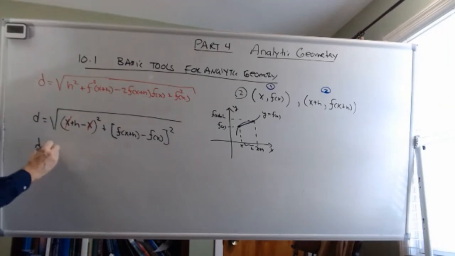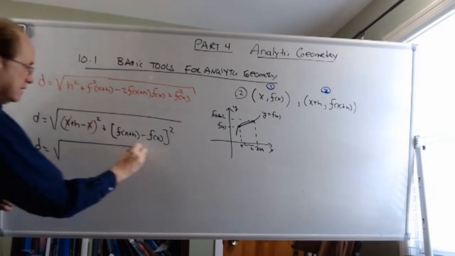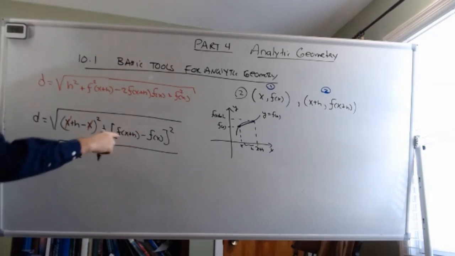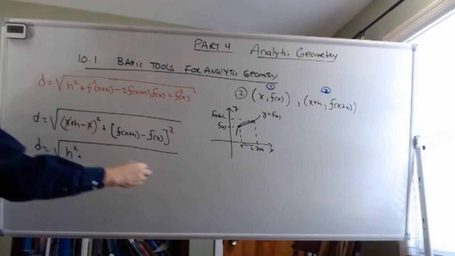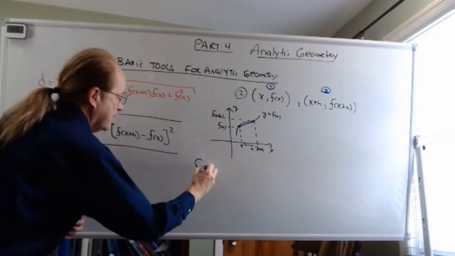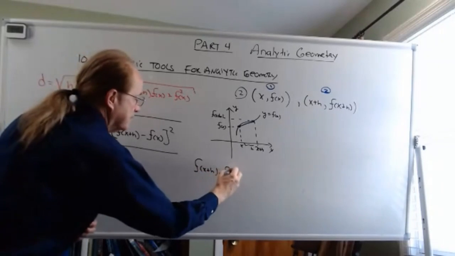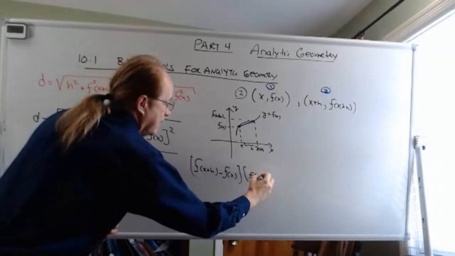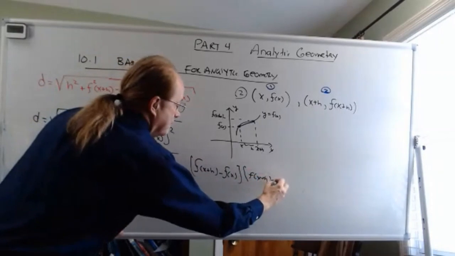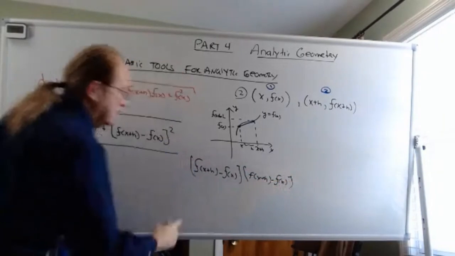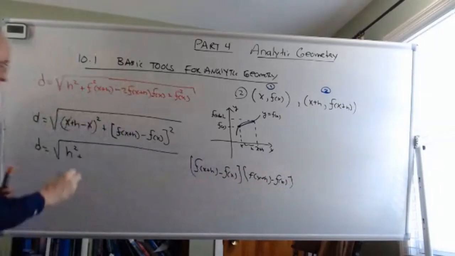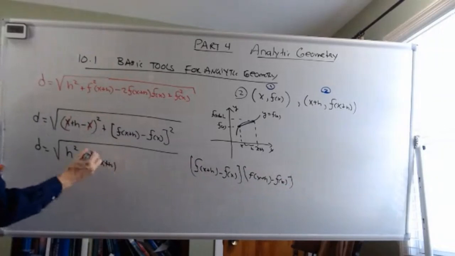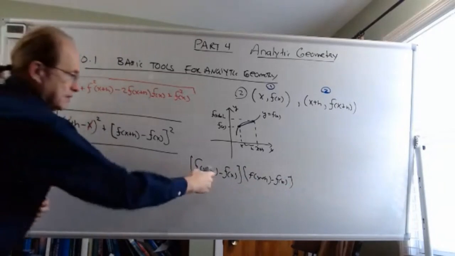So the distance here is the square root of h squared plus, well, I can multiply this out. Remember, on the side we have f of x plus h minus f of x times f of x plus h minus f of x. So I have this times that. That's going to give me f of x plus h quantity squared.